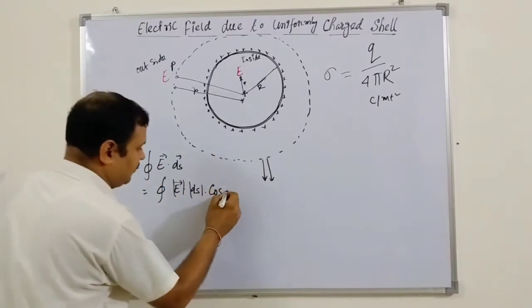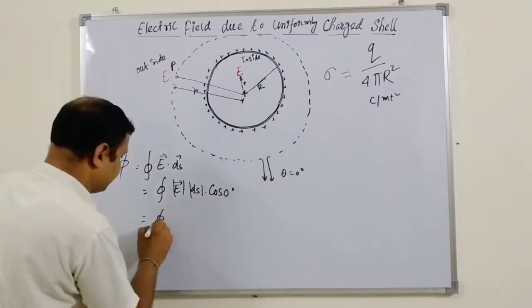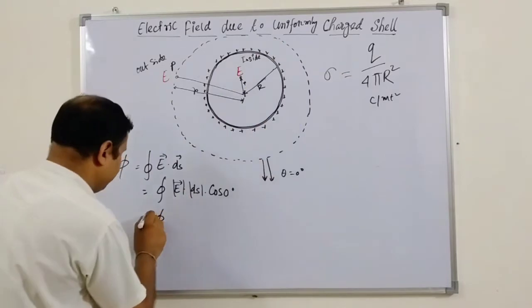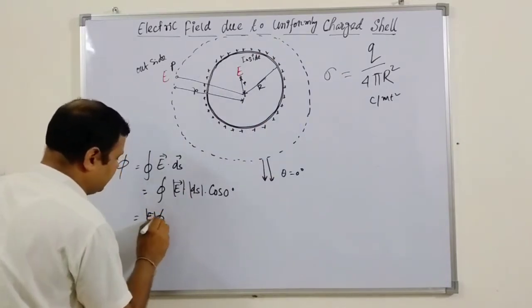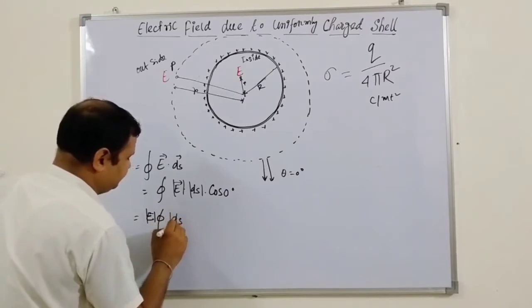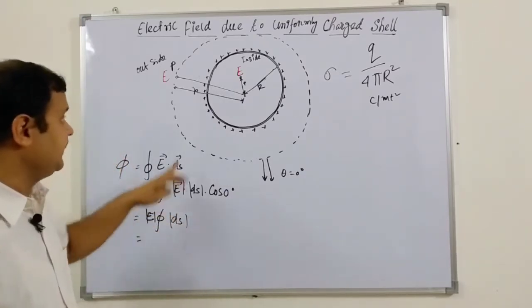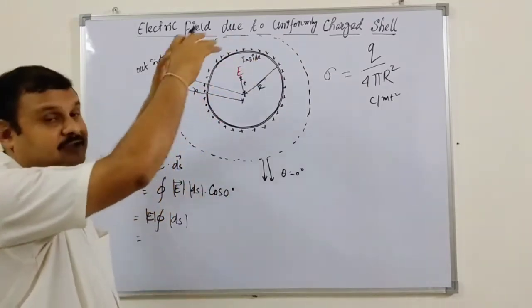So this is cos 0 only, theta is 0 here. As it is uniformly charged, the electric field is also constant. So E outside is a constant, and the flux is nothing but E times the closed integral of dS over the imaginary sphere.